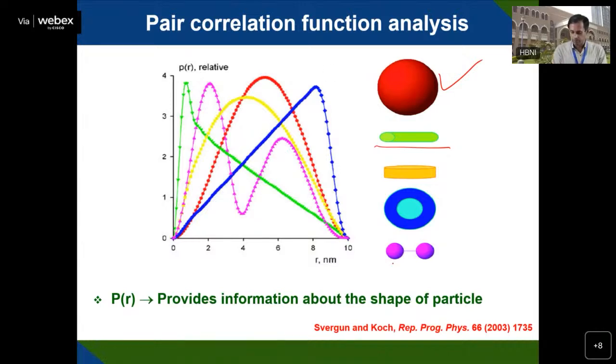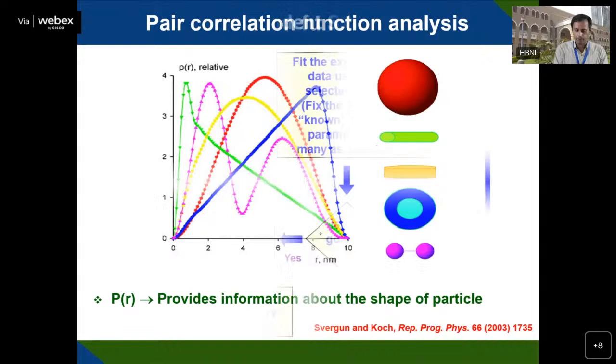Or if you have a dumbbell-shaped structure, you can get two forms here. So this type of pair distribution function you will get. That provides information about the shape of the particle. This paper discusses in detail how P(R) is related to the shape of the particles.